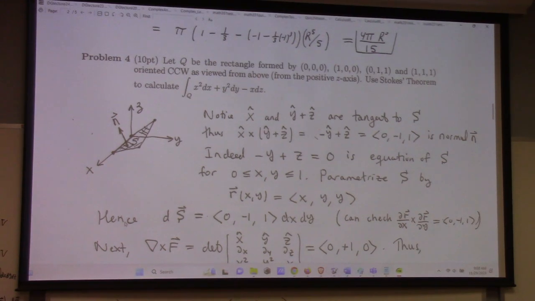Now, that's not impossible. And in fact, you'd have to do that if the instructions had been different, right? What's another set of instructions for Stokes' theorem? If I say verify Stokes' theorem, that means you need to do two things. You need to calculate the line integral directly, and you need to calculate the flux of the curl directly, and then you compare those two and show that they're equal.